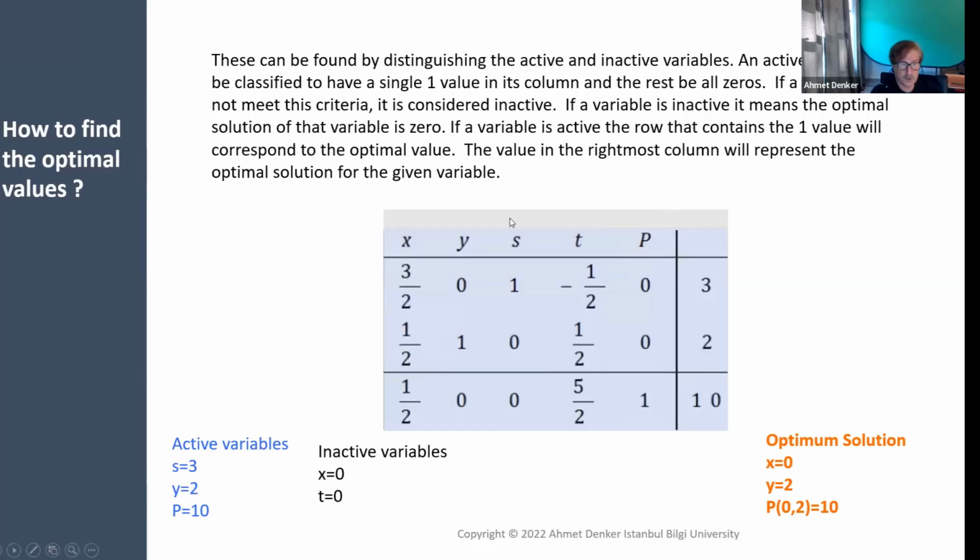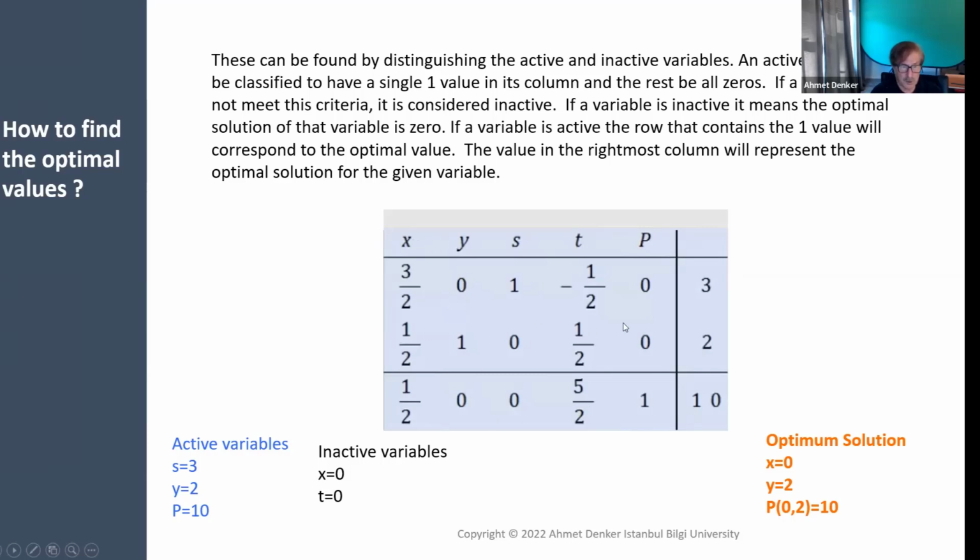Y is equal to 2, because I look at the row where y is equal to 1 and this row value gives me 2. S, look at the row where s is equal to 1, look at the constant value 3. P was my performance, of course, that I wanted to maximize. Look at it, 10 in the row. So I put it here, 10.